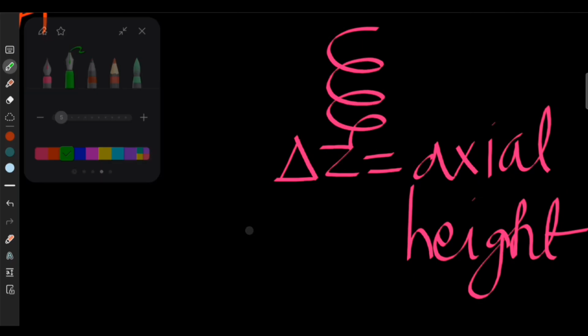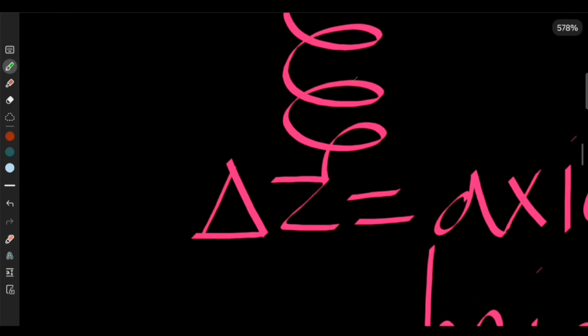So if this is a helix, and there are amino acids over here, and then if one is over here, let's say. Now if I want to know the distance between them, this is one of the distances, this is one of the heights, and this is the other height.